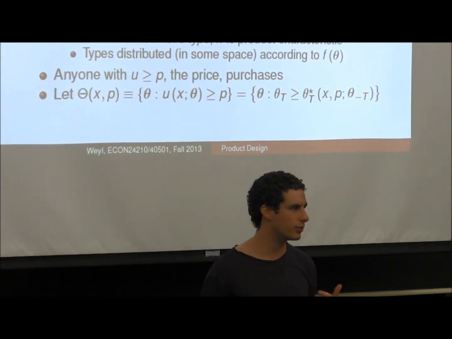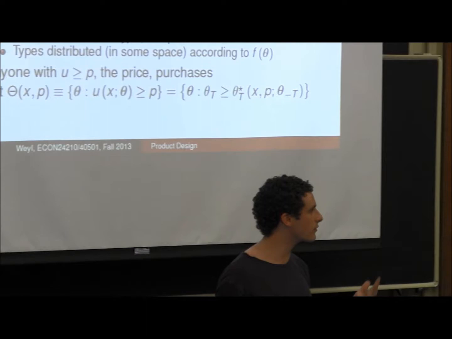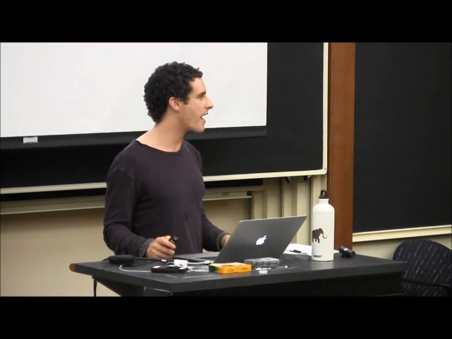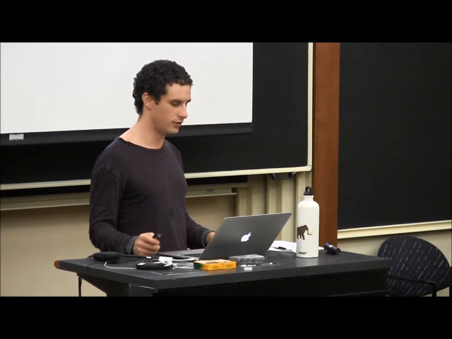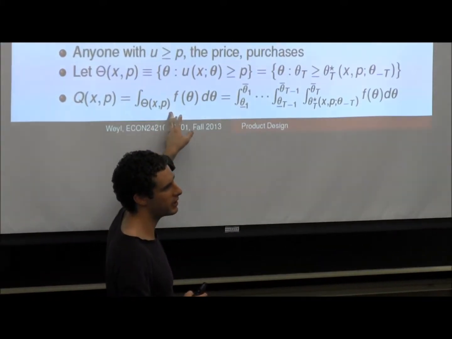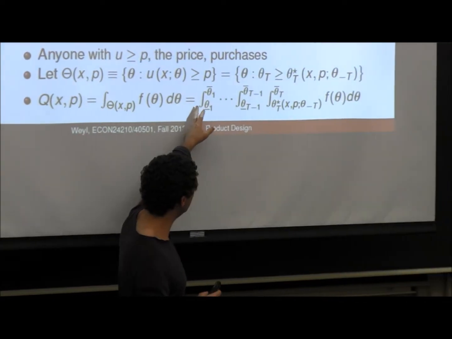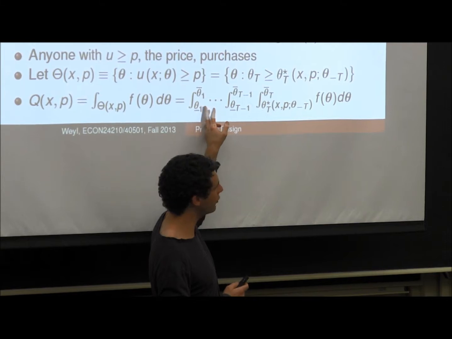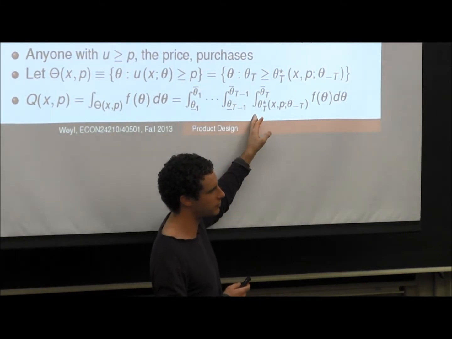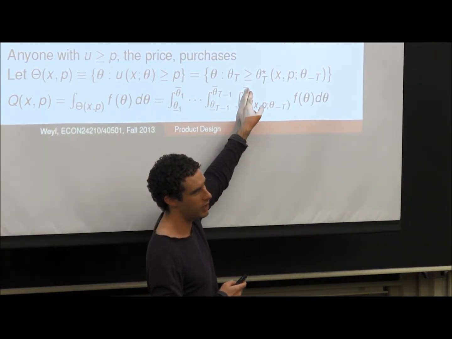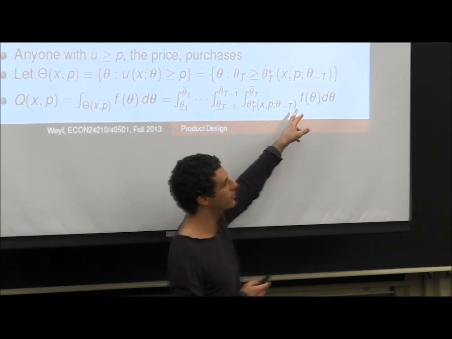The reason that's a useful way to represent things is it will allow us to do everything in terms of iterated integrals to figure out the average value or the total value of various quantities. In particular, the number of people buying is the integral over the set of people who are buying of the density, which is the iterated integral over the full set of types for all the dimensions except the last one, and for the last one only between the threshold after which people consume up to the total of the density.